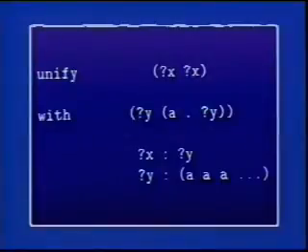want to unify a list of two elements, X and X, with a thing that says it's Y followed by A dot Y. Now, if you think of what that would have to mean, it would have to mean that X had better be the same as Y, but also X had better be the same as a list whose first element is A and whose rest is Y. And if you think about what that would have to mean, it would have to mean that Y is the infinite list of A's.